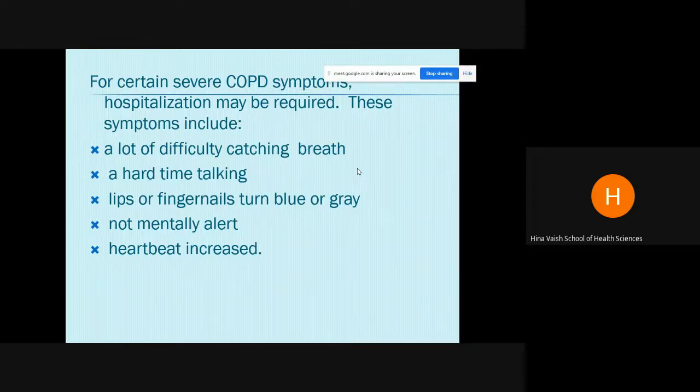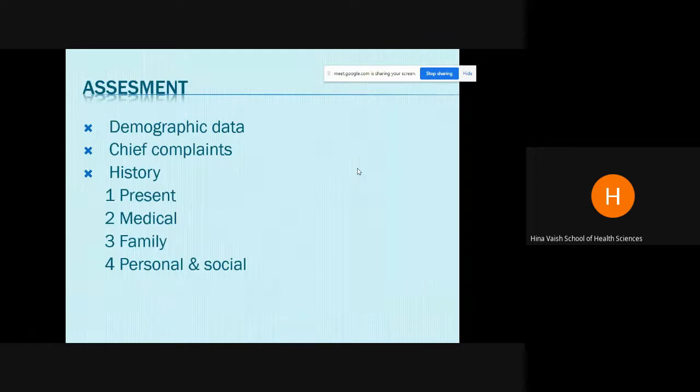Lips and fingernails, you can see cyanosis. That is why I've written that lips or fingernails may turn blue or gray. Because of so much decrease in the oxygen content and increase in the CO2 levels, they may not be mentally alert, and they may have an increase in heart rate as well. So increased heartbeat is seen, and sometimes they may report palpitations as well.